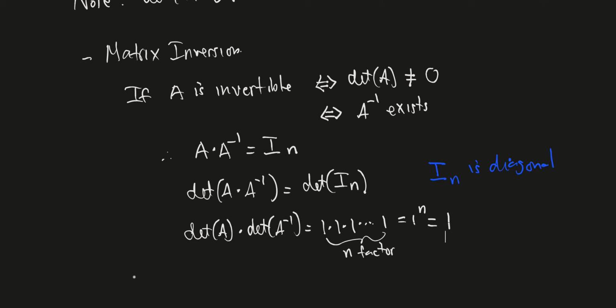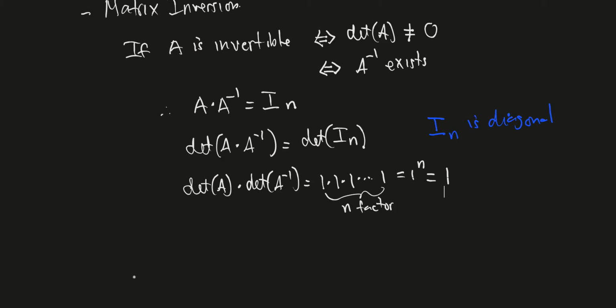So this is telling me that if I have the product of the determinant of A times the determinant of A inverse, that has to be equal to 1. So then I know that this is not equal to 0 because of this property here.